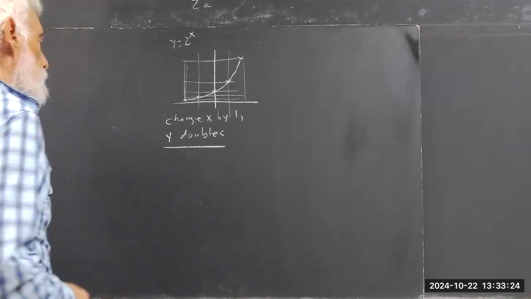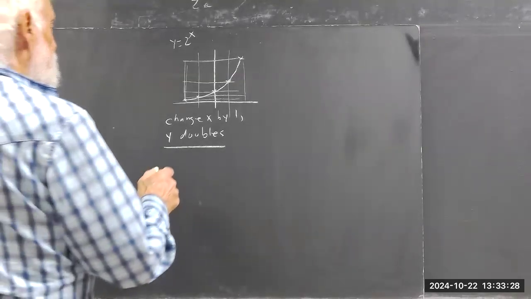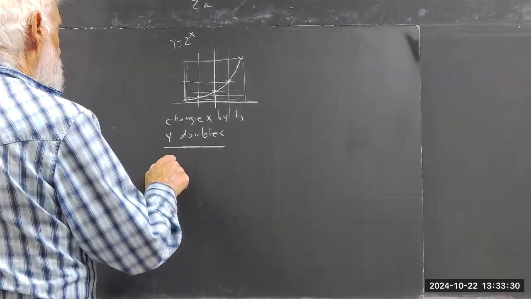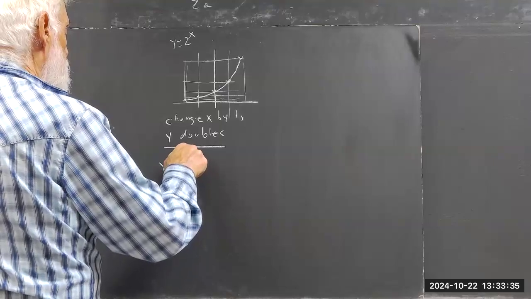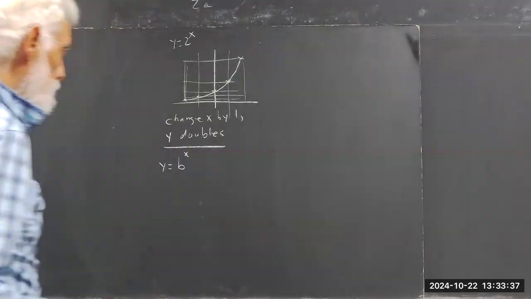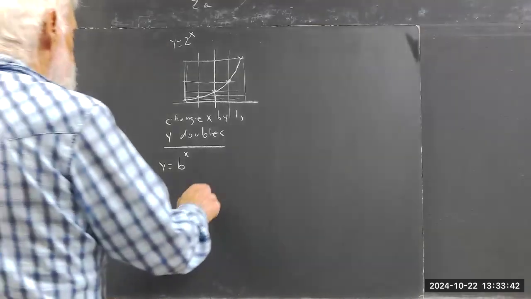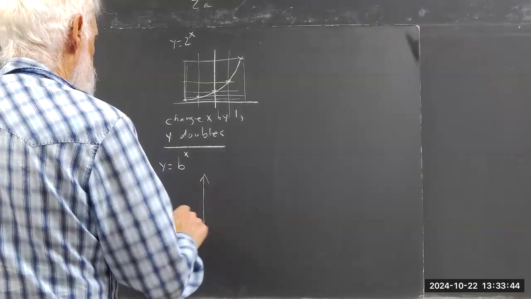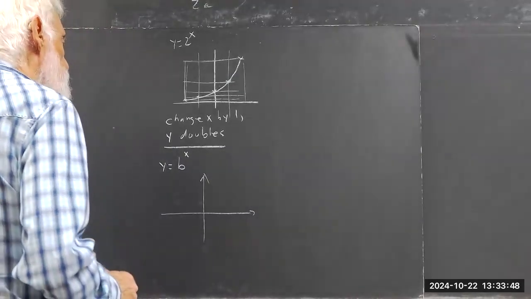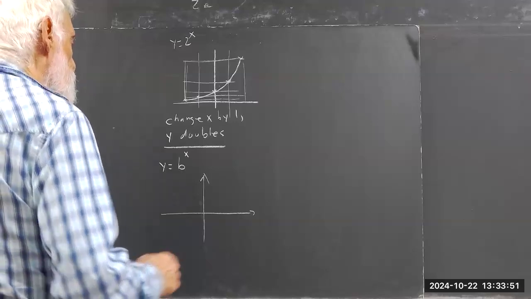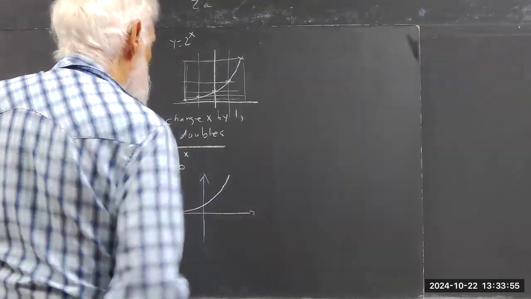Got y equals b to the x. And have a graph that looks like this. The graph is still going to look a whole lot like the x squared graph.